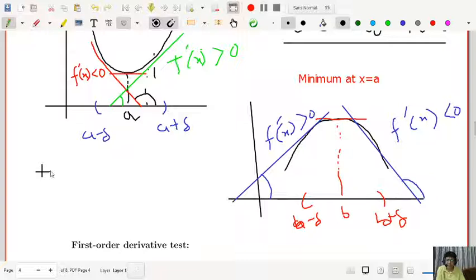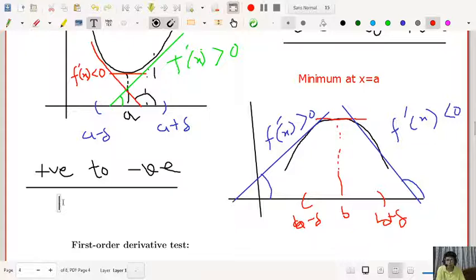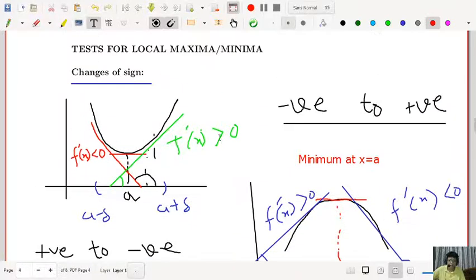Change of sign is positive to negative, and the conclusion is that the function has a maximum at x equal to b, and here you have a minimum at x equal to a. So that is the change of sign concept.